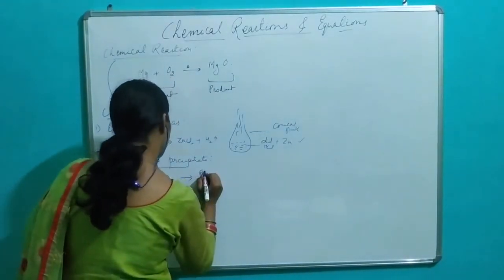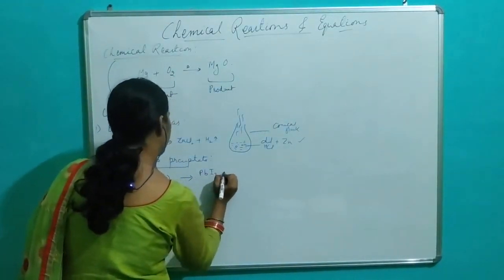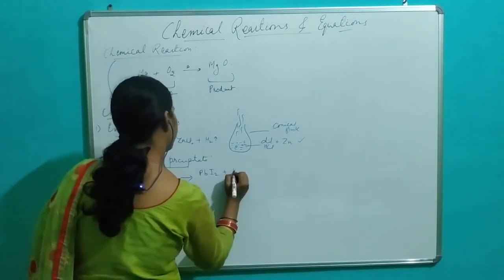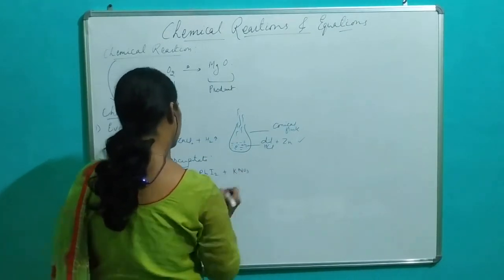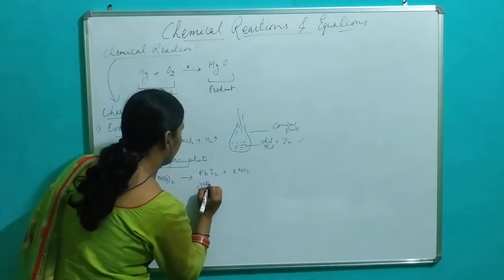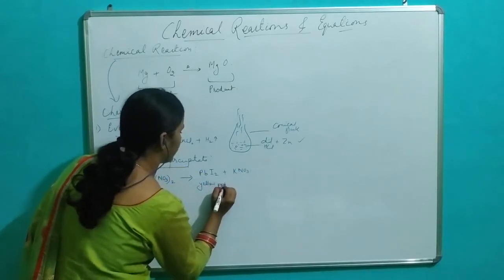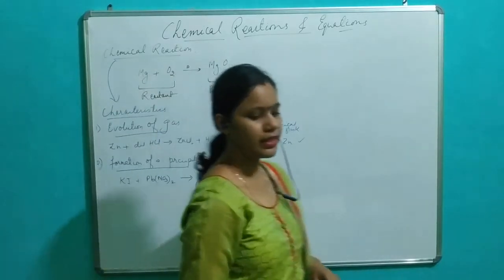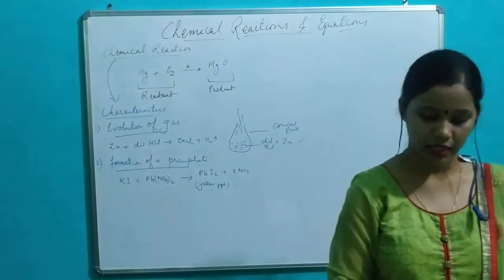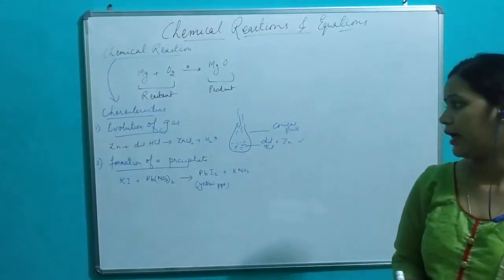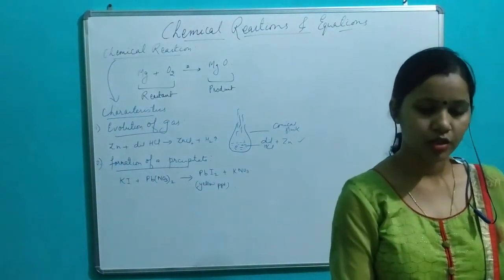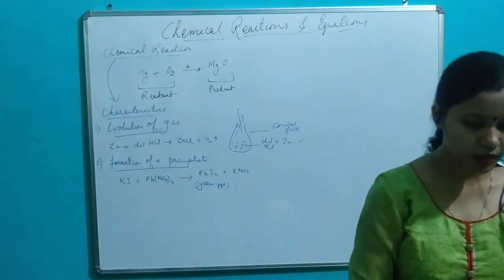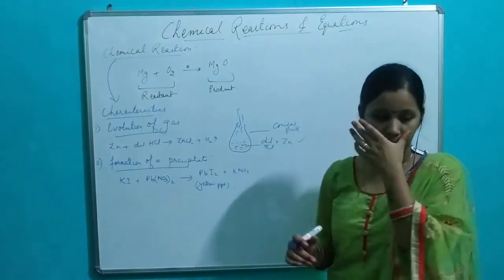So we get lead iodide, PbI2, plus potassium nitrate. So that is a yellow precipitate. Some reactions involve the precipitation of a particular substance.